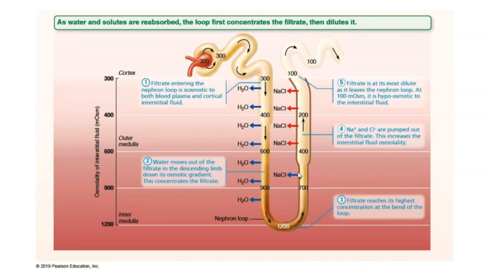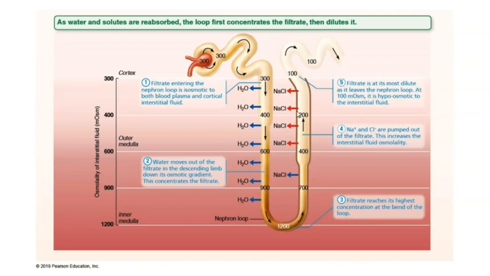This is really important because it tells us that our kidney is able to produce a filtrate that is less concentrated than our body water. That enables us to hang on to the water and the sodium that our body needs while producing a very dilute urine, so that we're not unnecessarily eliminating a lot of sodium and water from our body, because we need those to survive.